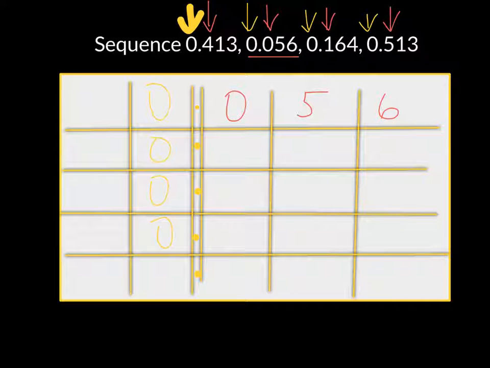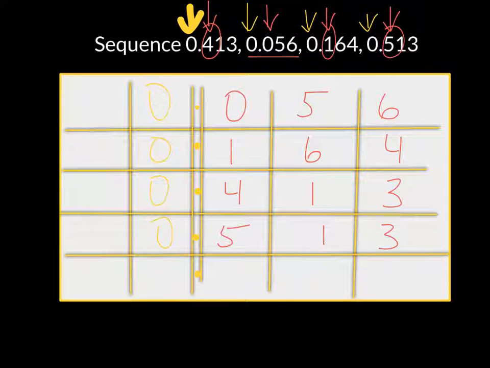And then after 0 comes 1, so the number with the 1 in the tens place will come next. And then 4. So the number with the 4 in the tens place will be next. And the largest number, of course, is the one with a 5 in the tens place.